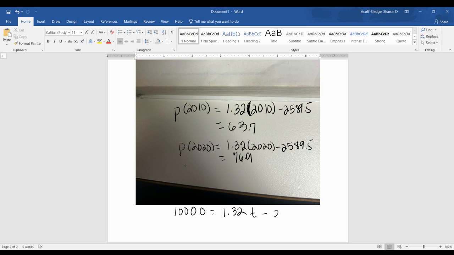You can take my stuff out of there. Minus 2589.5. And so I'm going to add this to each side.